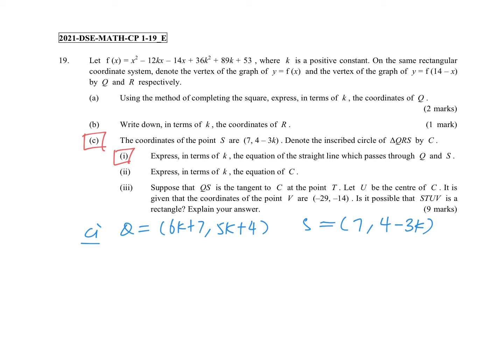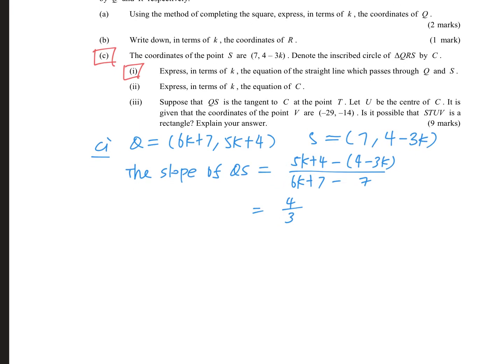C1 is easy because we just find the equation of the straight line passing through these two points, using the two-point form. We can calculate the slope of QS first: (5k plus 4 minus (4 minus 3k)) over (6k plus 7 minus 7). After cancellation, 8k over 6k, so that's 4 over 3.